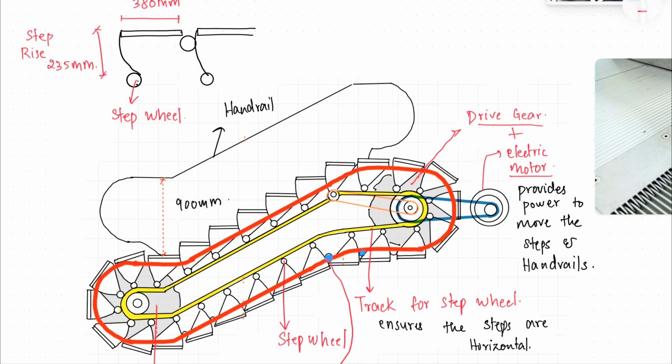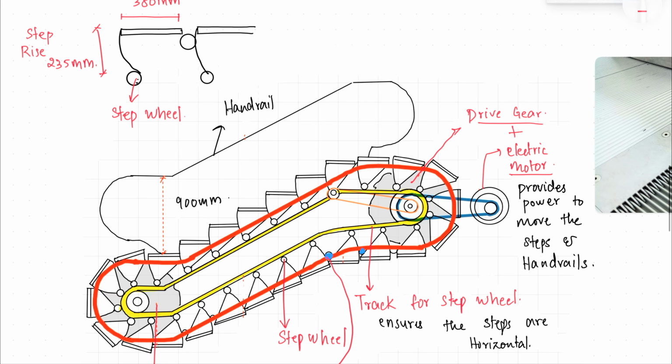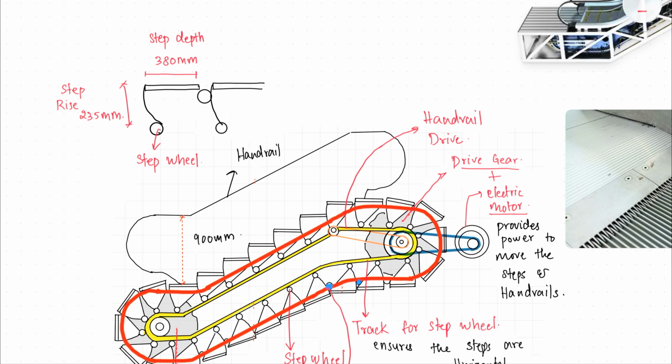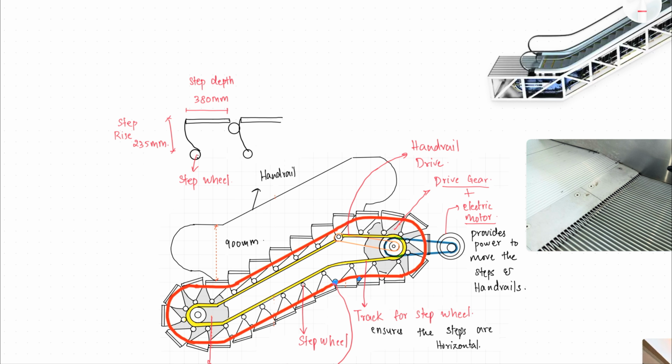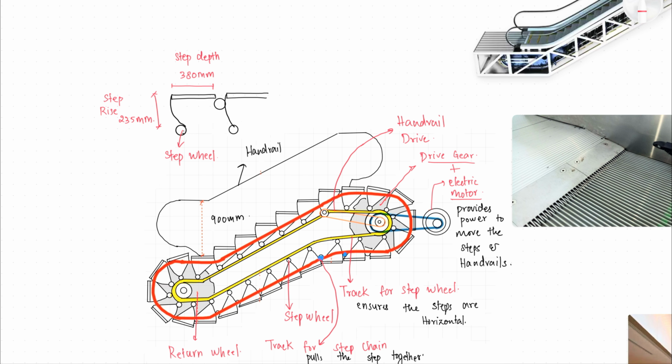You'll also have a handrail drive, to make sure the handrail belt also moves at the same speed as the escalator. Okay, this is your handrail drive, and these are the important parts of an escalator. It's not as important for you to remember how this mechanism works. Just remember some parts and what purpose they serve.